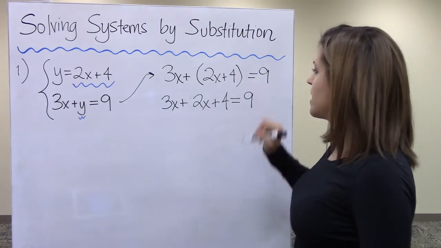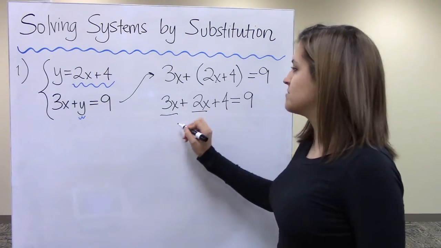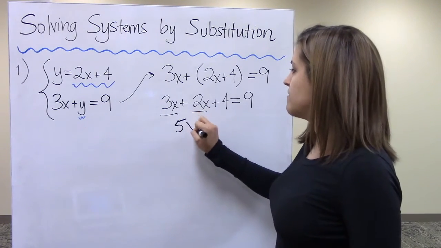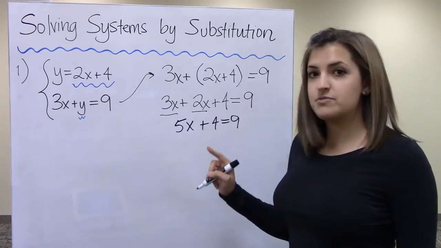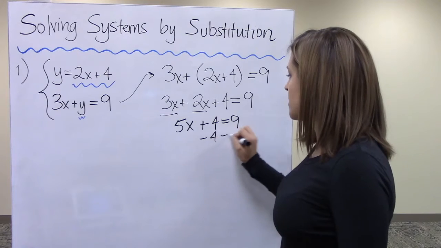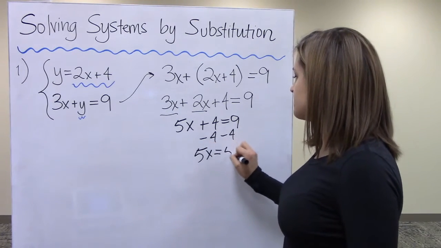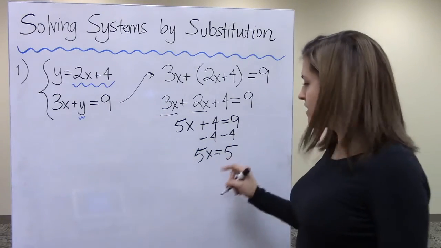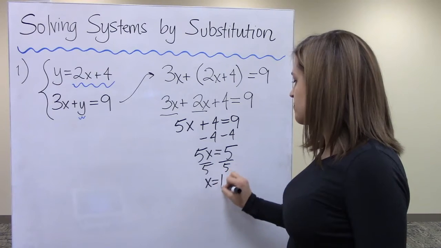Plus 4 equals 9. I can combine my like terms here. So those stay on the same side, so I just add them. 5x plus 4 equals 9. And then I can subtract 4 from both sides. Minus 4, and I get that 5x equals 5. Then I divide by 5, and I get that x equals 1.